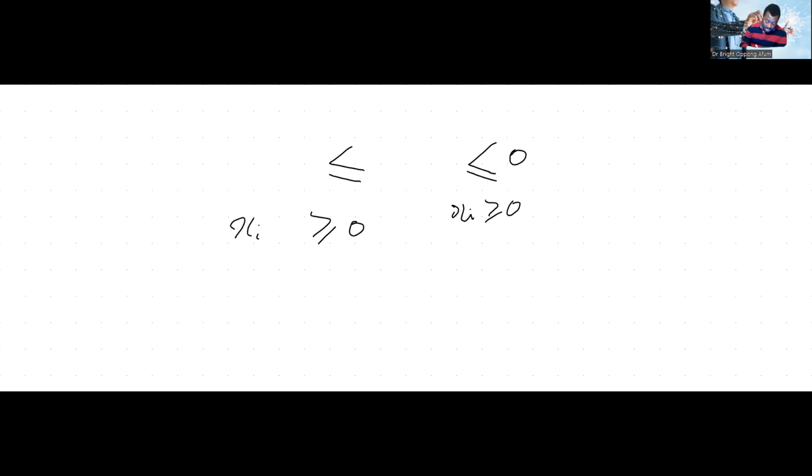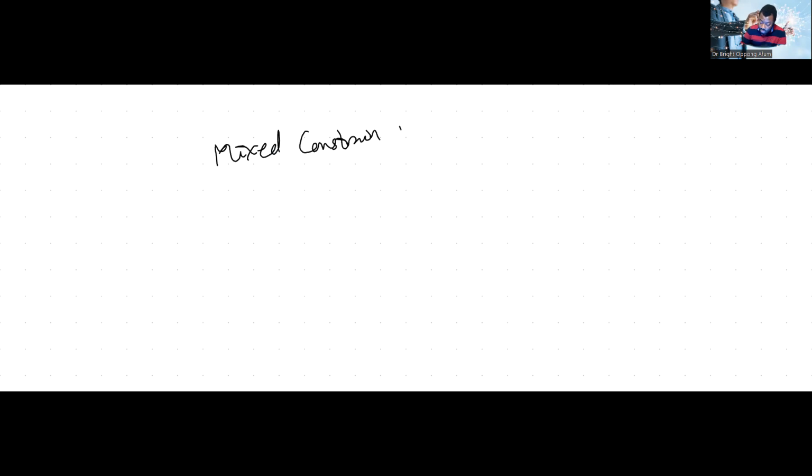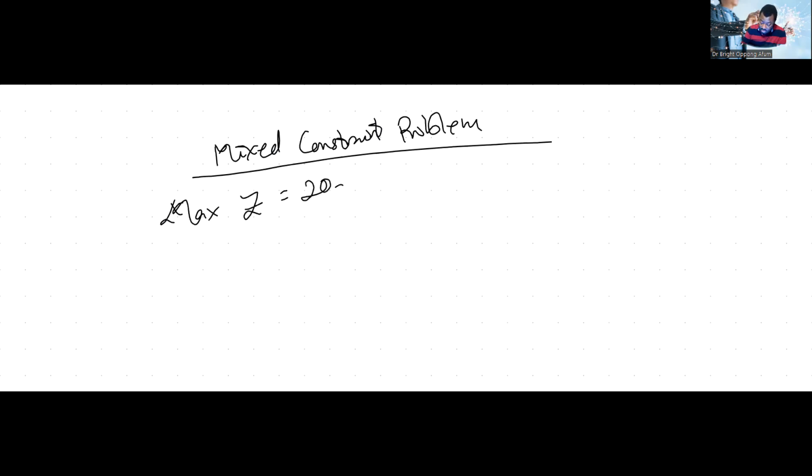However, let's consider a problem where we have a mixed type of constraints. With the knowledge that we have from the maximization and minimization problem, we shouldn't have any problem with mixed constraints types of problem. All right, so let's say that we want to maximize a function which is 20x1 plus 10x2, right?